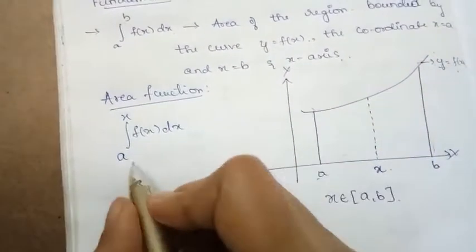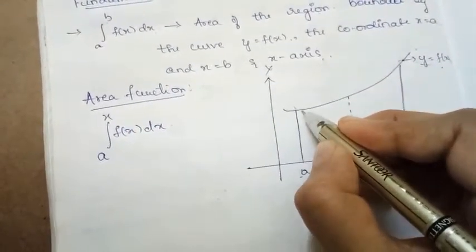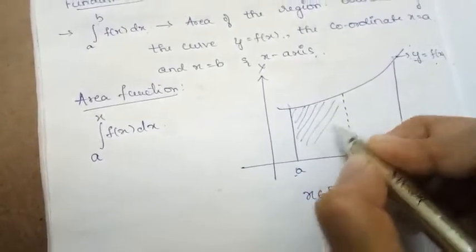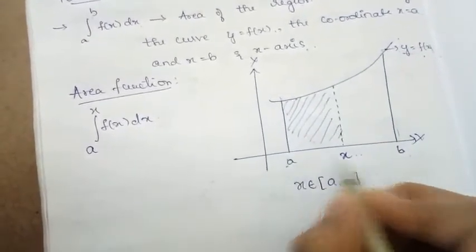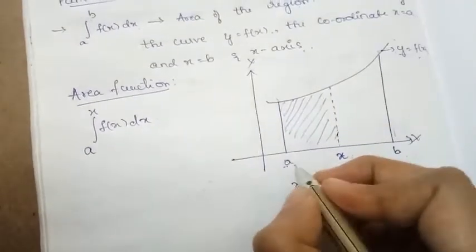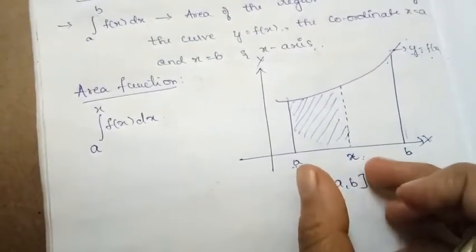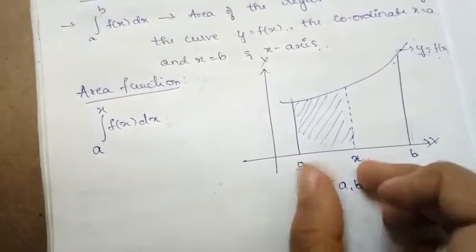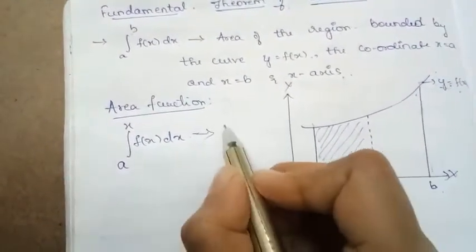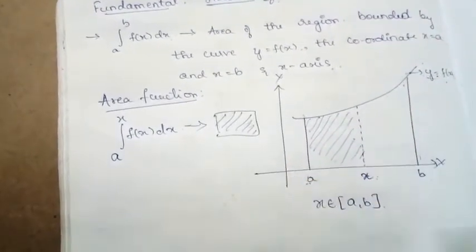It is the area under the curve f of x from the lower limit a to the upper limit x. So the area lying under the curve y is equal to f of x within the range a to x is this value. Clearly, this value represents this shaded region.